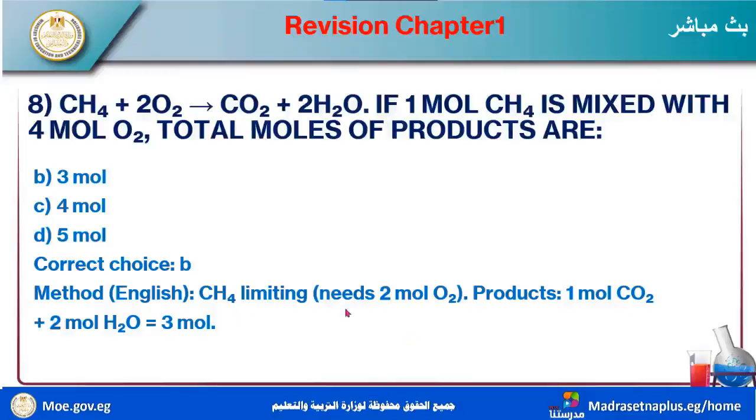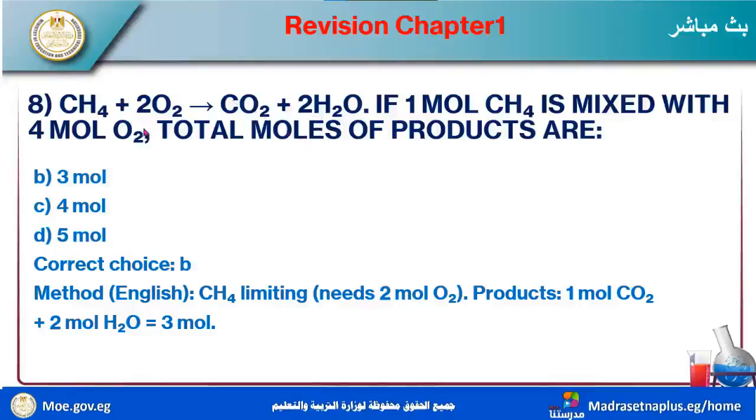The limiting CH4 needs 2 moles of oxygen. The products are 1 mole of carbon dioxide and 2 moles of water vapor. But I have another 2 moles of oxygen. It asks me for the total moles of products only, so 1 plus 2 equals 3 only.